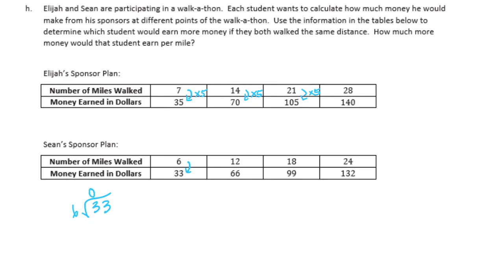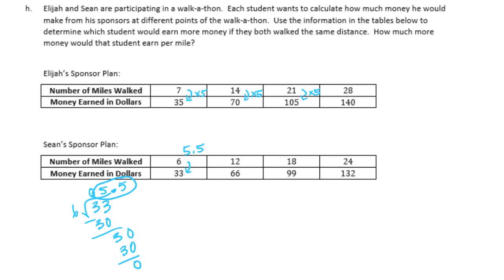It can go into 33 5 times. And then I'll bring down a 0 and put my decimal point up there. 6 goes into 30 5 times. So this is 5.5, 5 5/10. So he's charging a little bit more per mile.